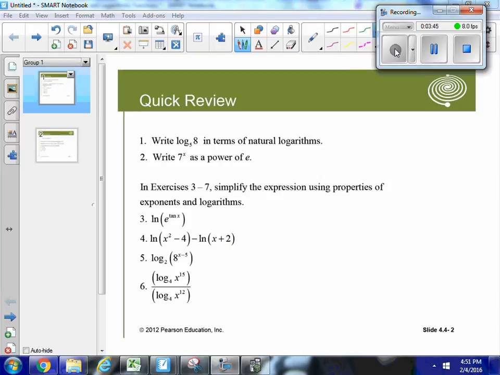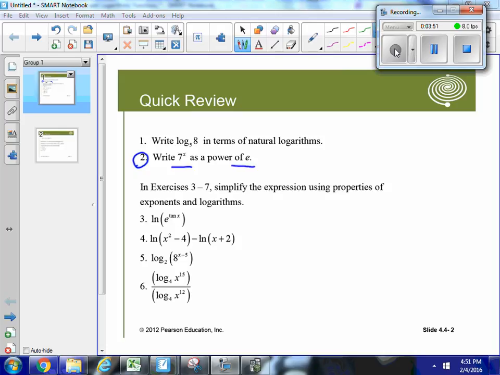Let's move on to quick review number 2. It says write 7 to the x as a power of e. So it's telling me I want to have e to the something that's going to equal 7 to the x.